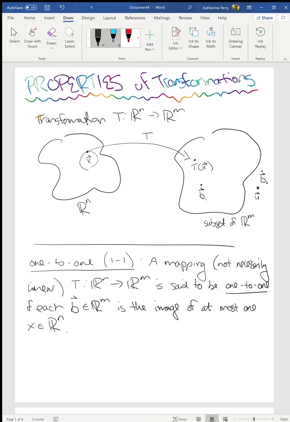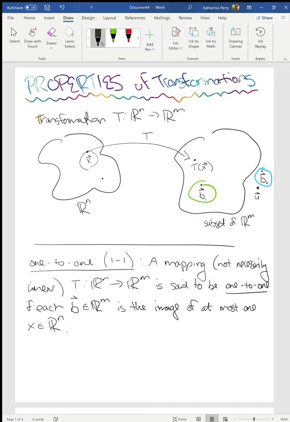So maybe I'll make this blue. This right here would mean that b2 is not the image of any vector in Rn. That's fine. And this b1 here, a different color, let's say green, can be the image of at most one vector in Rn.